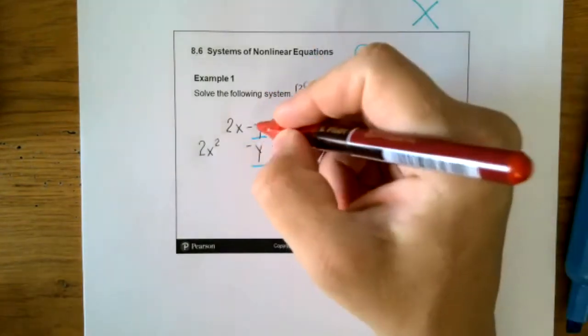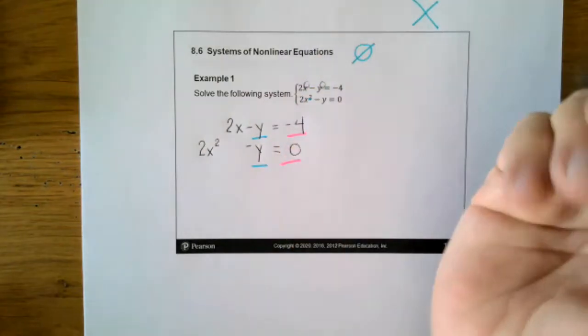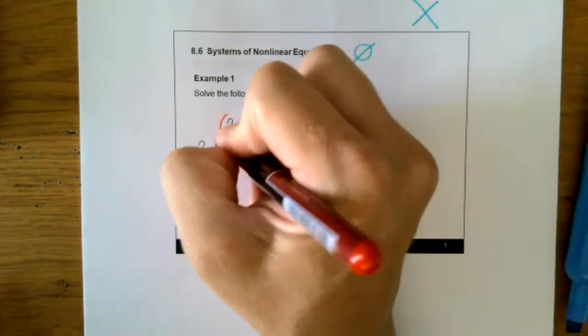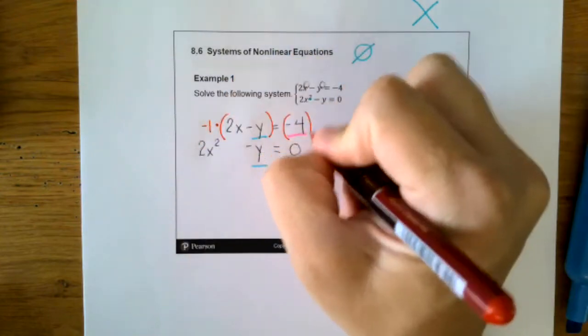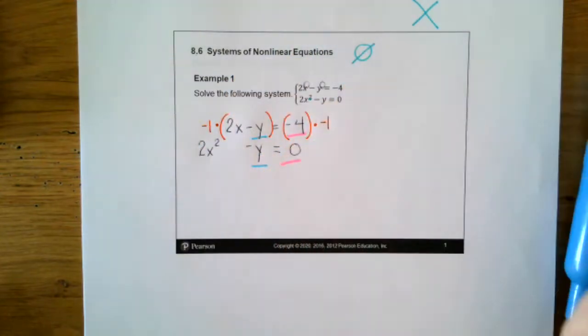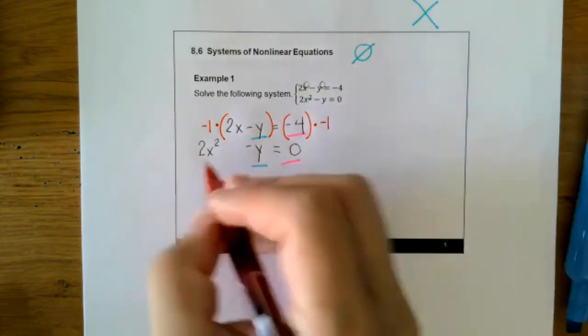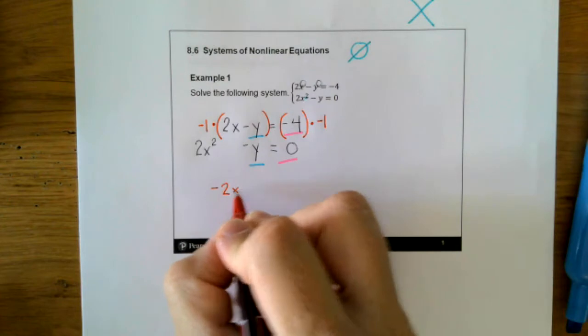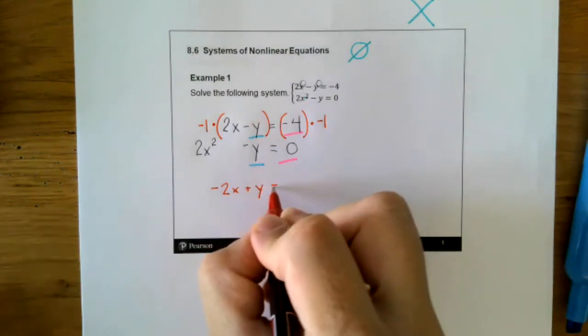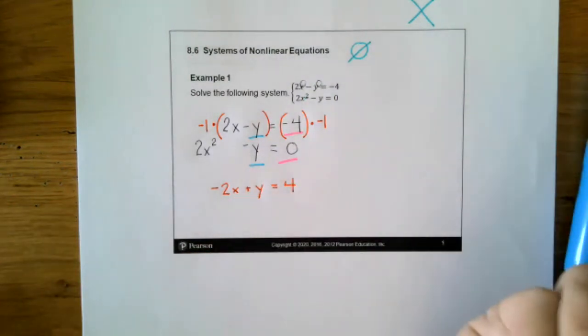In that case, I will get a plus y and I can cancel out with a -y, okay? So that will be times -1 and then -4 will be times -1, okay? So I'll rewrite all of this. Now I have -2x plus y equals +4.